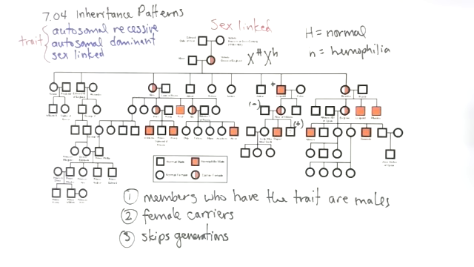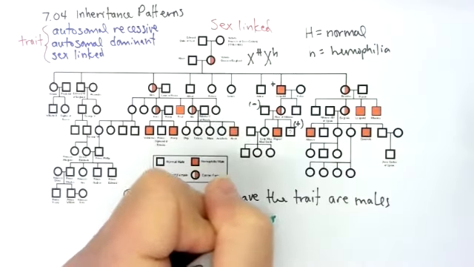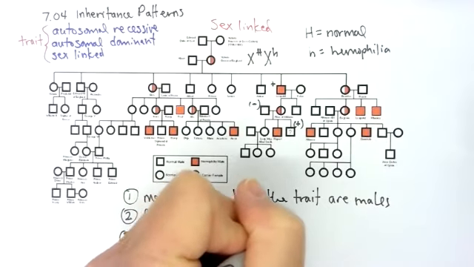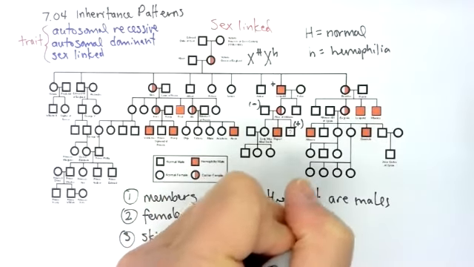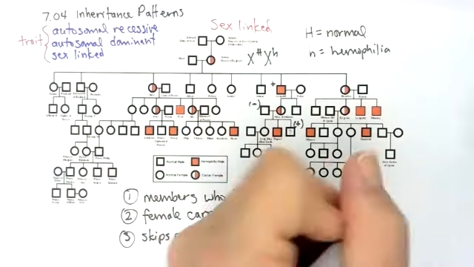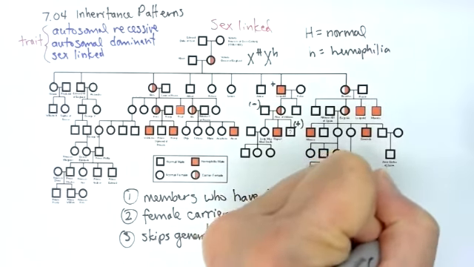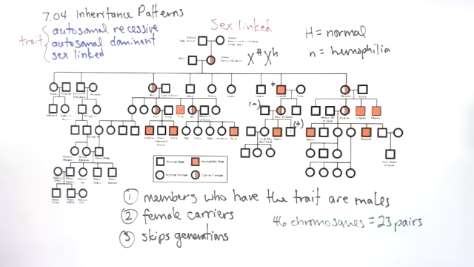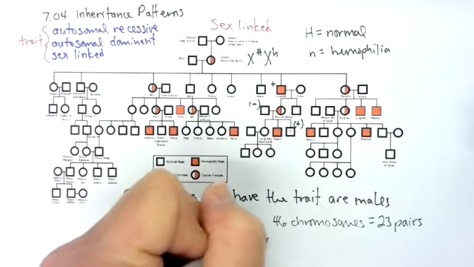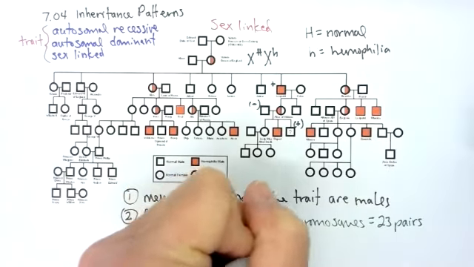So just as a reminder, humans have 46 chromosomes that are set up in 23 homologous pairs. The last pair, pair 23, is the sex chromosome.